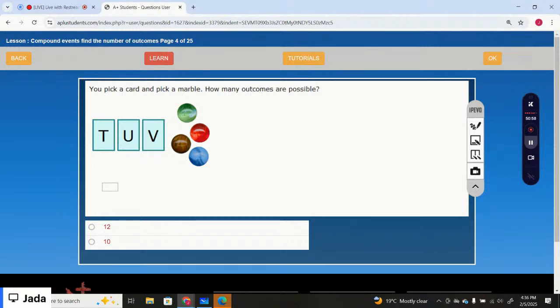You pick a card and pick a marble. How many outcomes are possible? That is 3 times 4. That is 12.